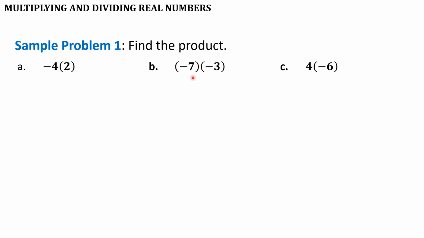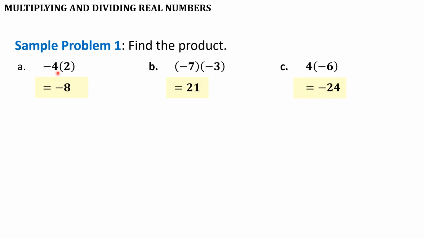If I have a negative and a negative number and I'm multiplying, what sign is the product going to be? And here, we have a positive and a negative. What is going to be the sign of that product? You can pause this video right here, try to answer them in your notebook, and then check the answers in the next slide.